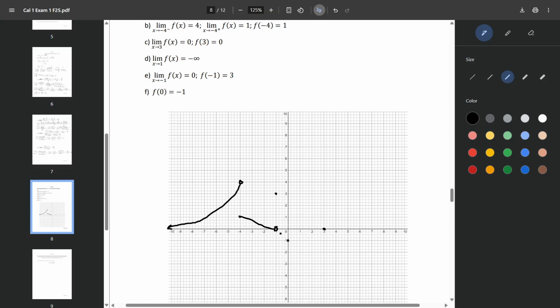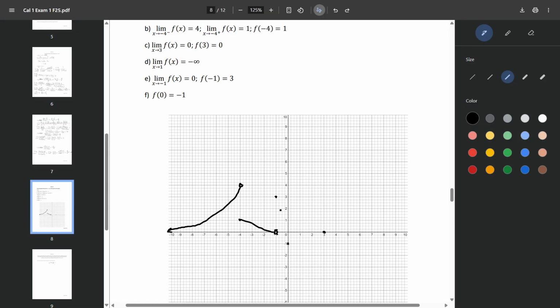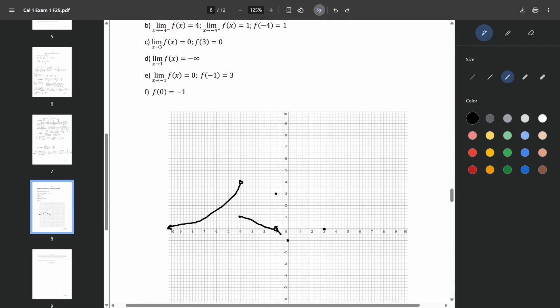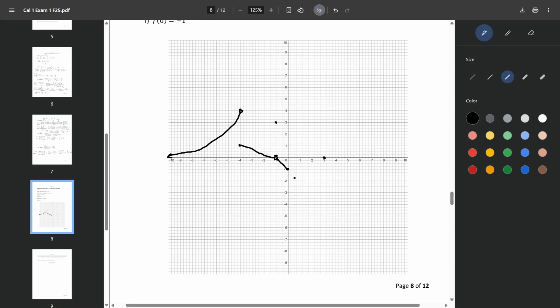So because of that, we're gonna have our graph pass the point -1 because we're gonna assume that it does as the graph says, because that's where our point is at f of 0. And so at 1, our y value is gonna be approaching negative infinity.